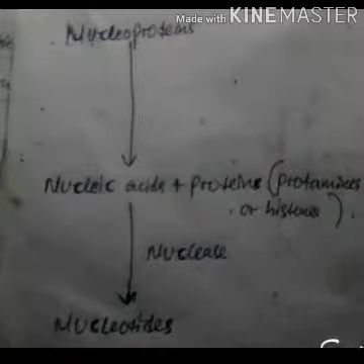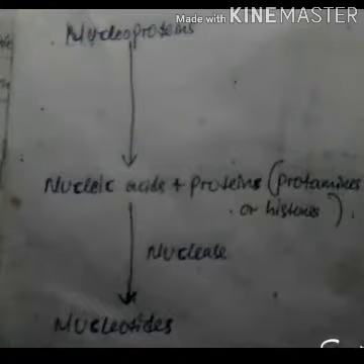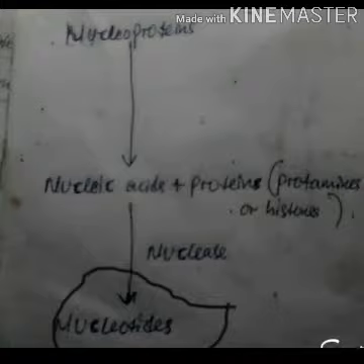Now, let's take a step through the digestion of nucleic acid. The nucleoproteins will give us the nucleic acid and the proteins, and these proteins may be protamines or histone proteins. The nucleic acid given as a result of the breakdown of nucleoproteins will give us nucleotides with the enzyme nuclease, as you can see in the chart.